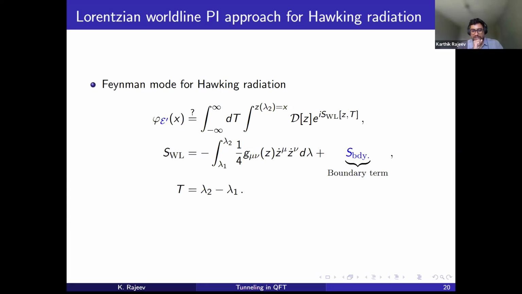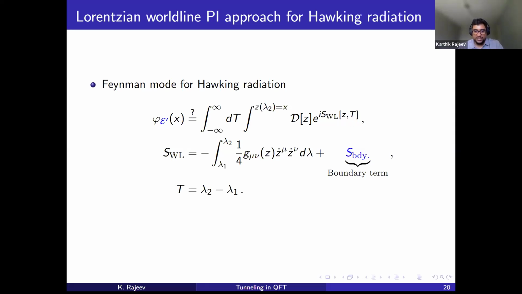Okay, so now we are going to make this hand wavy picture more precise. Let's say there is a tunneling wave function, or the Feynman mode that we described earlier, and try to see if there is a path integral description for it.